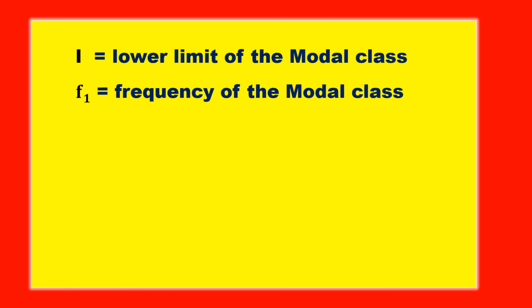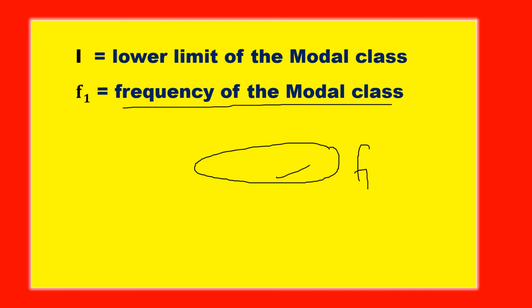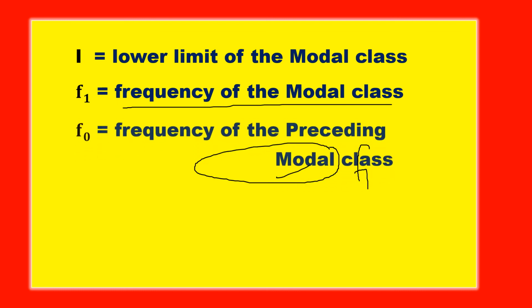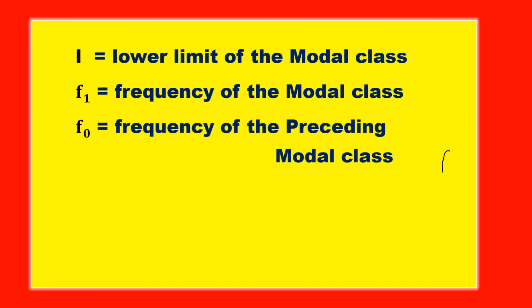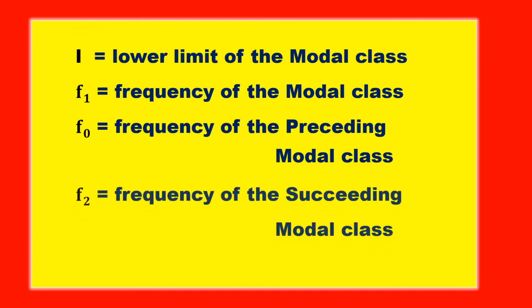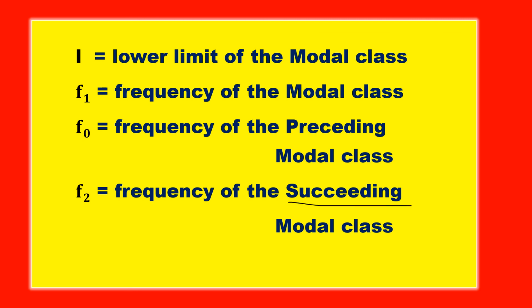F1 is the frequency of the modal class, because wherever F1 is, we have taken it as the modal class. Next is F0, which we take before F1. Before means preceding, so F0 is the frequency of the preceding modal class. F2 is after F1, so we write frequency of the succeeding modal class. Succeeding means the next one.